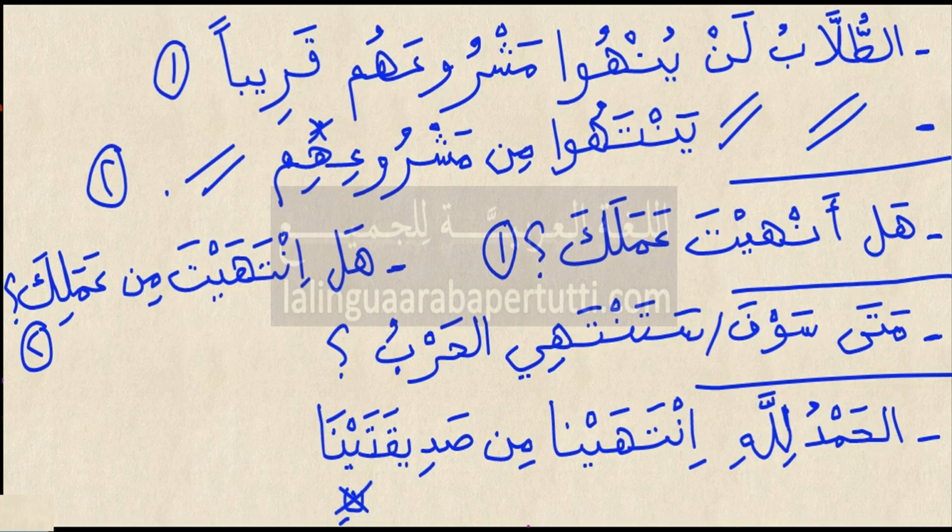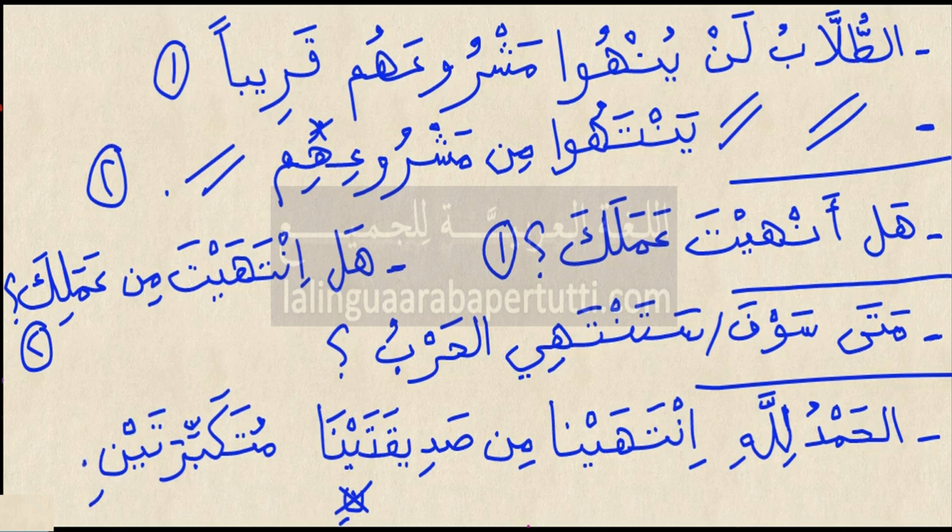انتهينا من صديقتينا. Arrogant is mutakabbir. So, mutakabbira, singular feminine, mutakabbiratani, dual, but it's an adjective of our 2 friends, which is genitive, majrur, so it should be majrur. So, mutakabbirataini, min sadiqatayna mutakabbirataini.